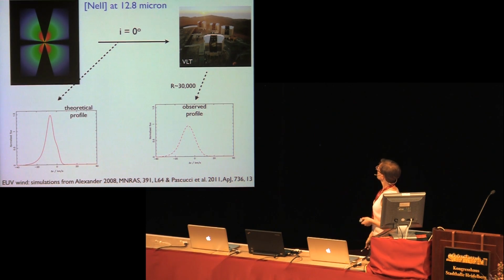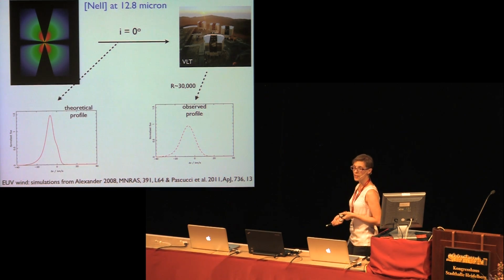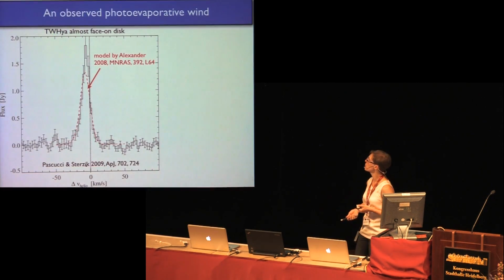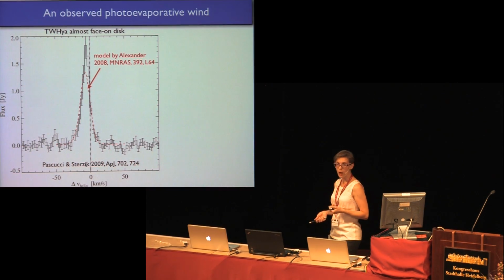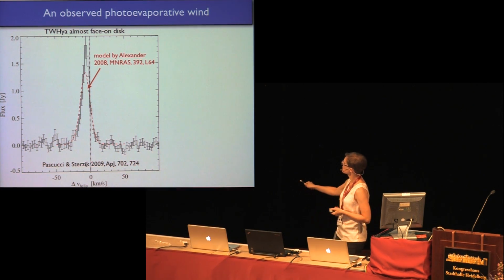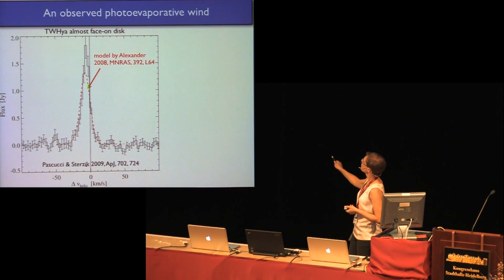Okay? So this is what the theory predicted, and I want to show you that we actually have a very good case for photoevaporation. These are data that we acquired with VISIR in 2009 with Michael Sterzik. The data are in black.